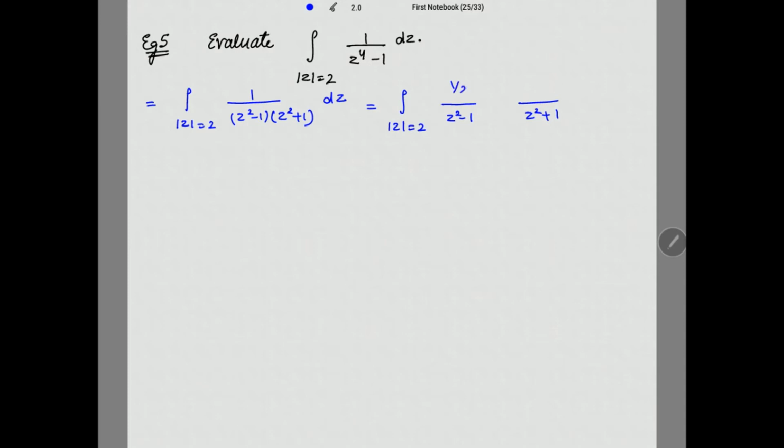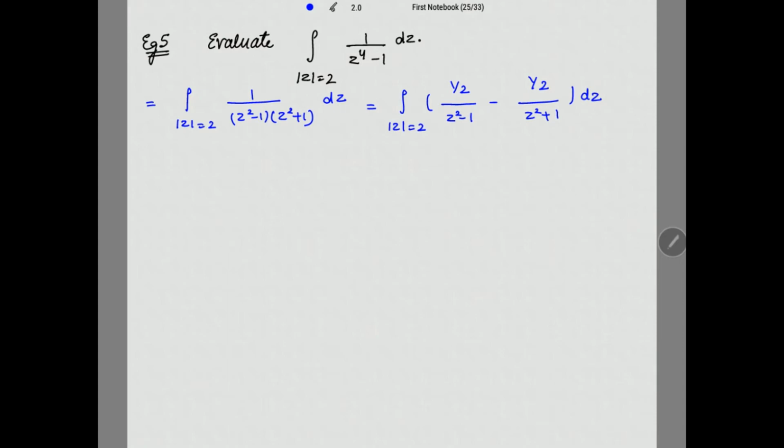Again, putting z squared plus 1 equal to 0, what you get? z squared is equal to minus 1. Hide z squared plus 1 and put the value z squared equal to minus 1 over here, so this will be minus 1 by 2, dz.